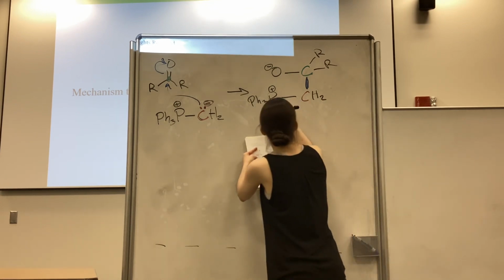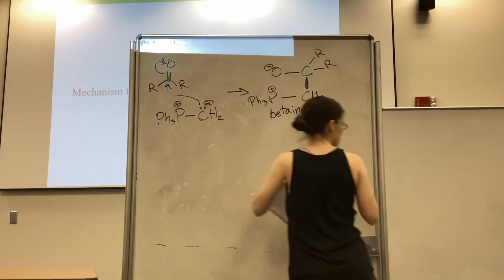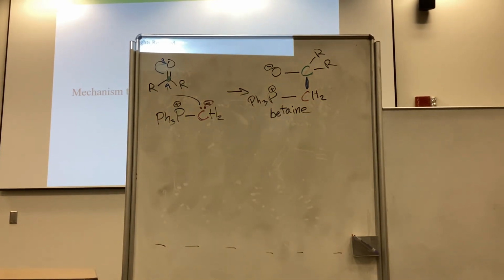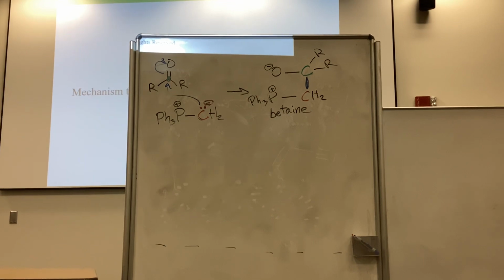And this guy is called a beta-ene. No, I'm not gonna make you guys memorize the names of beta-ene and phosphonium ylide. If I use the word phosphonium ylide in a test question or a quiz, I'm definitely also going to be saying Wittig, or I'm going to be drawing the thing, right?